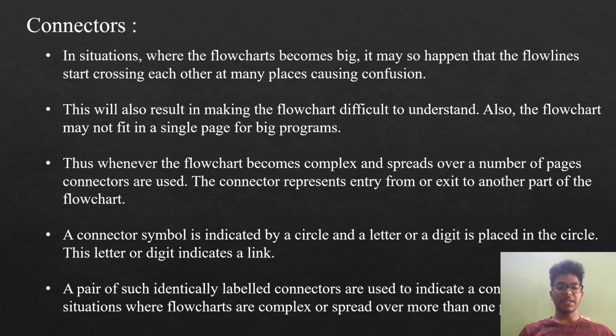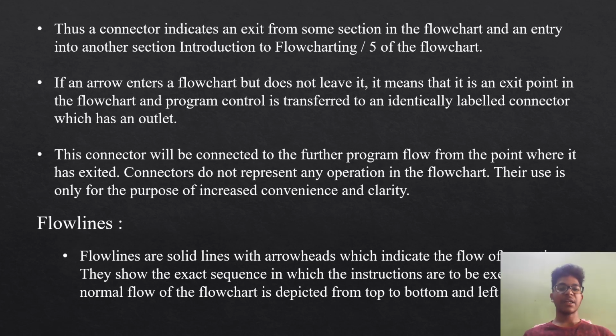A connector symbol is indicated by a circle with a letter or digit placed in it. A pair of identically labeled connectors is used to indicate the connection where flowcharts are complex and spread over more than one page. Thus, a connector indicates an exit from one section of the flowchart and an entry into another section.